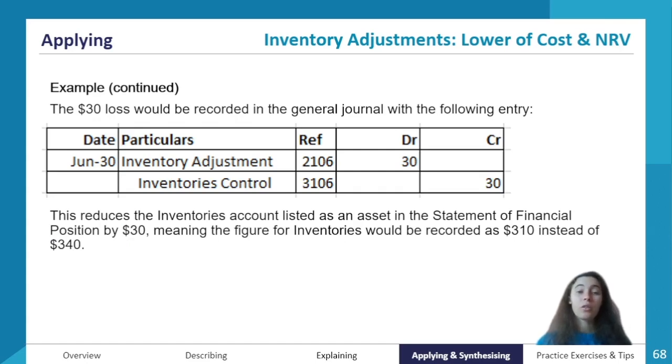So the $30 loss would be recorded in the general journal with this general journal entry. Inventory adjustment is going up because we're doing the adjustment, and then the inventories are going down by the 30. So this reduces the inventories account by $30, meaning that the inventories would be recorded as $310 instead of $340.